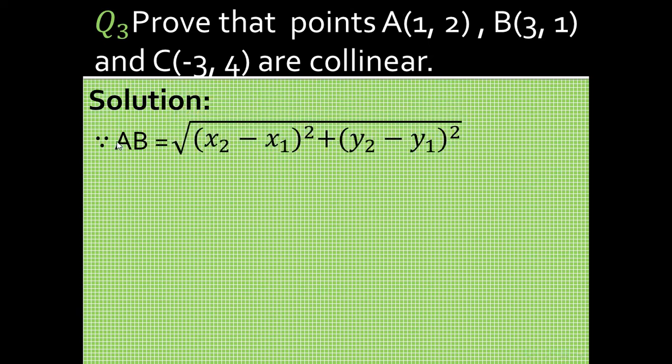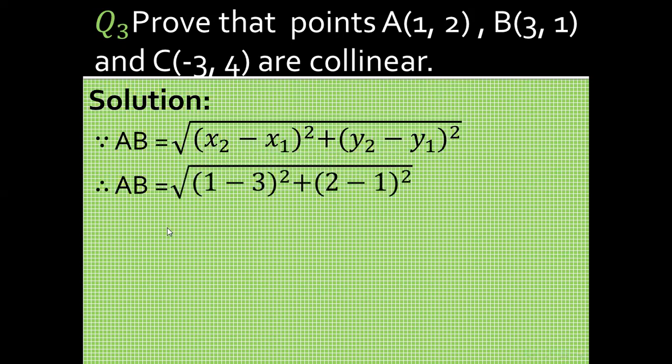Since AB equals, write the rule. Direct substitution. Consider A (x1, y1), B (x2, y2). By using the rule, difference, root, don't forget root, bracket power 2, difference between x power 2 plus difference between y power 2, then AB equals root of (1 minus 3) all power 2 plus (2 minus 1) all power 2 equals root 5.